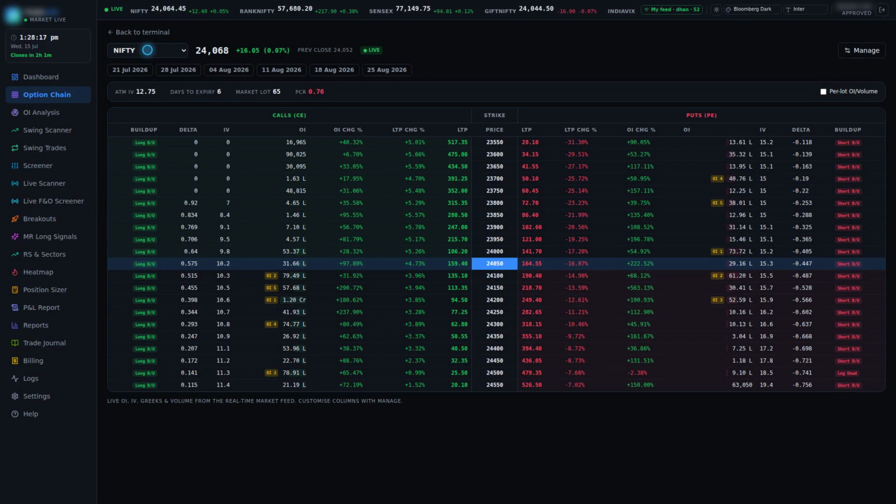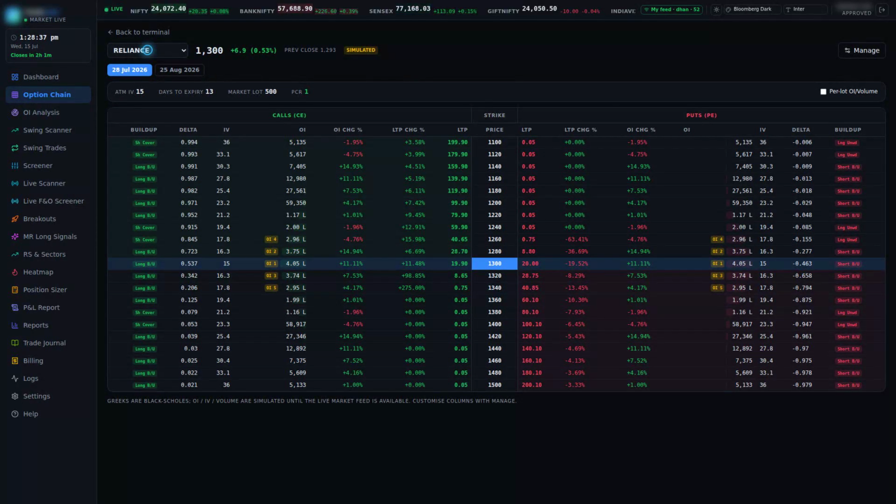Let's use it. Now watch the expiry row, right here, as I change that drop-down. With Nifty selected, look, a whole row of weekly expiries, this week, next week, and the monthlies stretching out. Indices expire every week, so you get many. Now I'll switch the drop-down to a stock, Reliance.